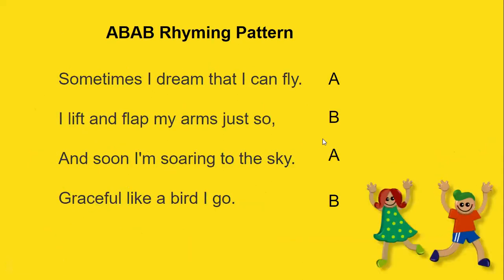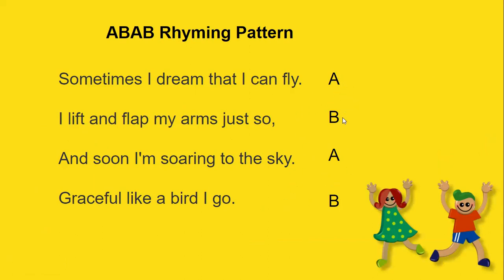Okay, now we've got one with A, B, A, B. Sometimes I dream that I can fly. I lift and flap my arms just so, and soon I'm soaring to the sky, graceful like a bird I go. And so we've got fly and sky, so that's the A pattern, and the B pattern, so and go.